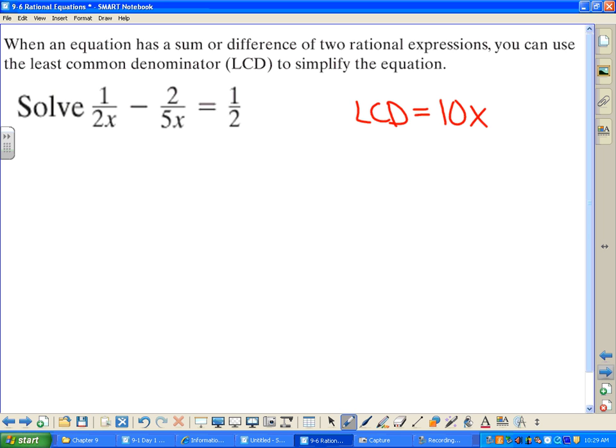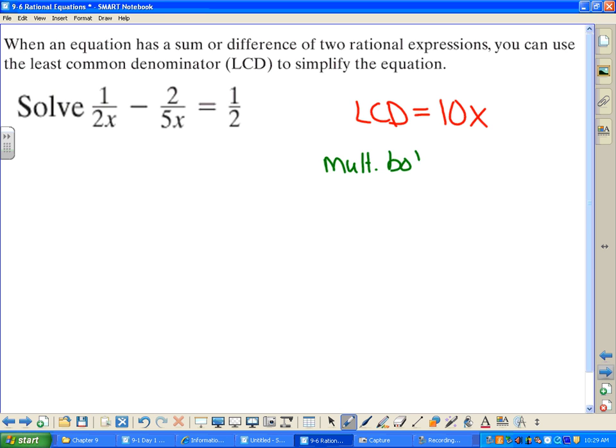Okay, now, I know you know this, but I want you to think about it. You know that when you have an equation, as long as you do the same thing to the right-hand side that you do to the left-hand side, doesn't the equation stay balanced? Okay, so what I'm going to do after I find that LCD is multiply both sides by the LCD.